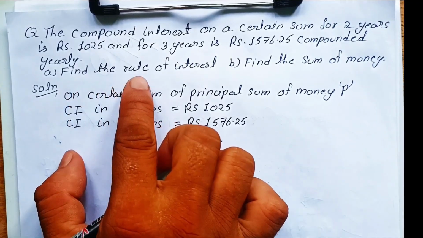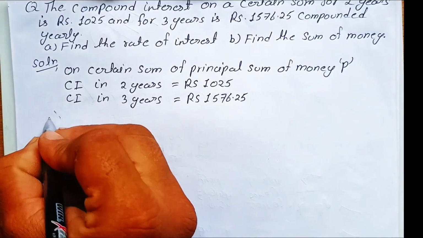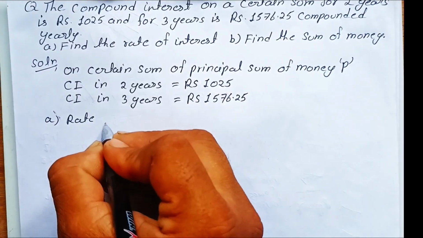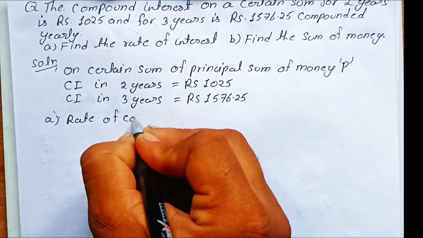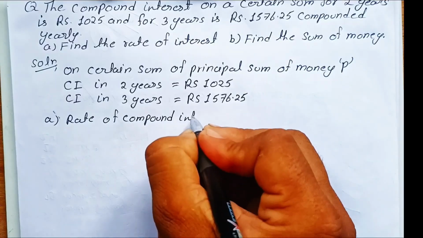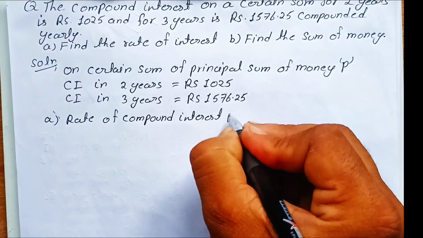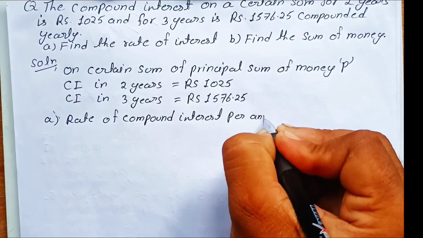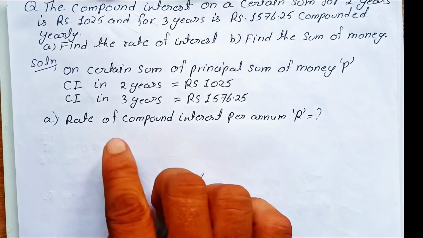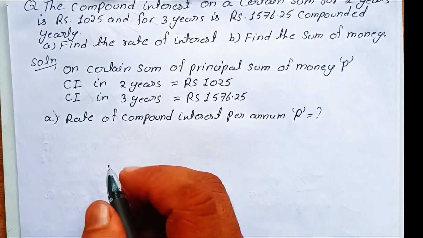So the first thing we have to find is the rate of compound interest per annum, R.